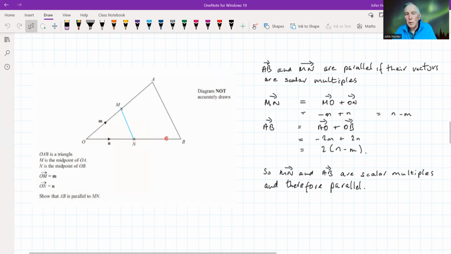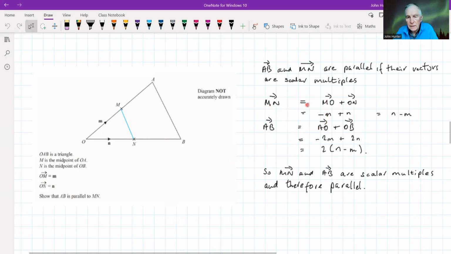Now, as we've seen from above, two lines are going to be parallel if their vector values are scalar multiples of each other. We saw that with a and 2a, didn't we? Or half a and 2a before. And that's what we're trying to establish. So let's just work out what these vectors are.